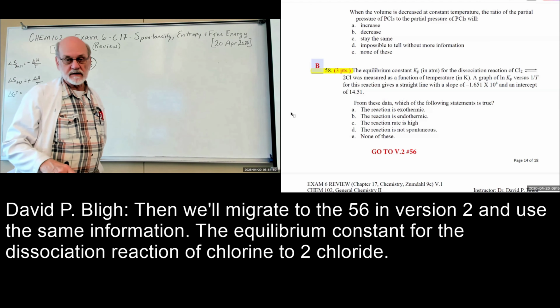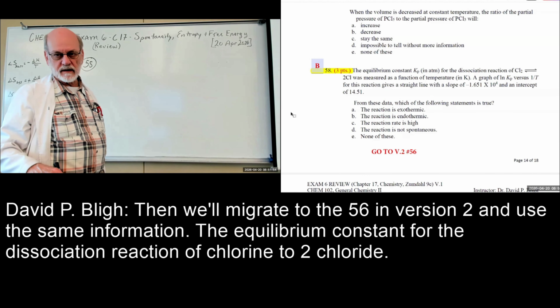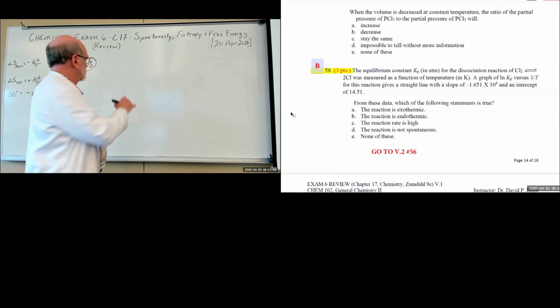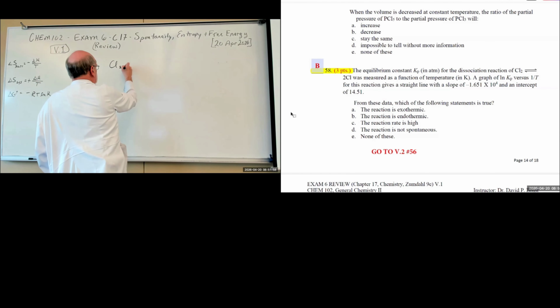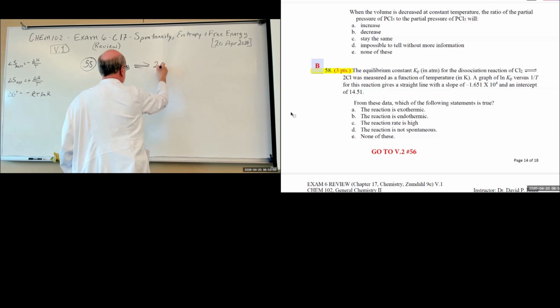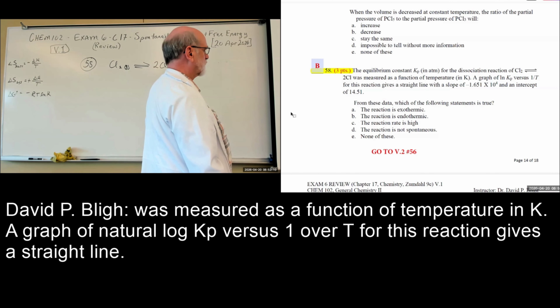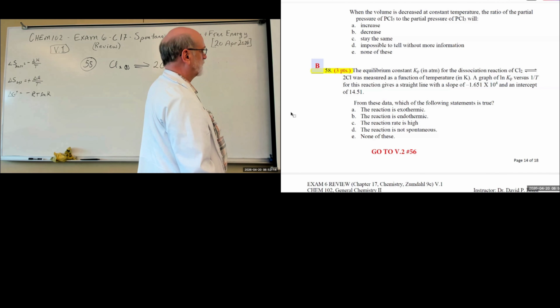The equilibrium constant for the dissociation reaction of chlorine to two chlorine atoms, and this has to be gas, was measured as a function of temperature in K. A graph of natural log Kp versus 1/T for this reaction gives a straight line.